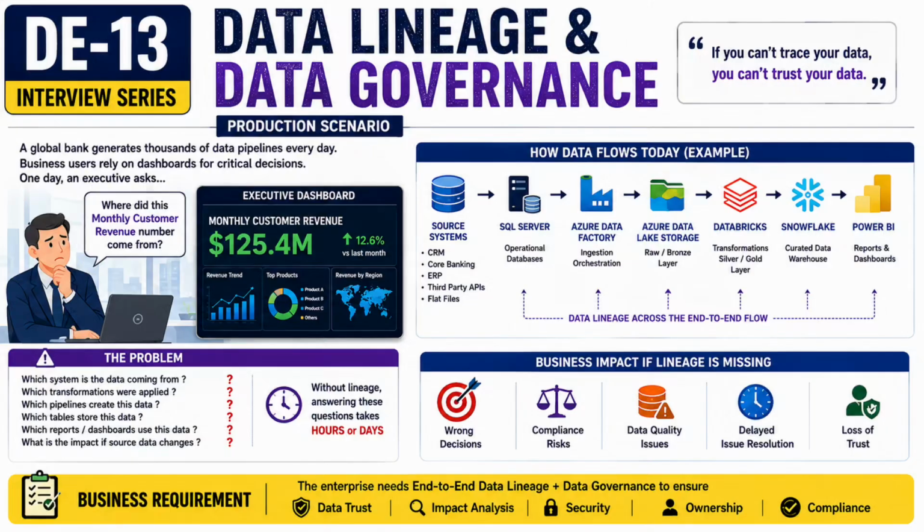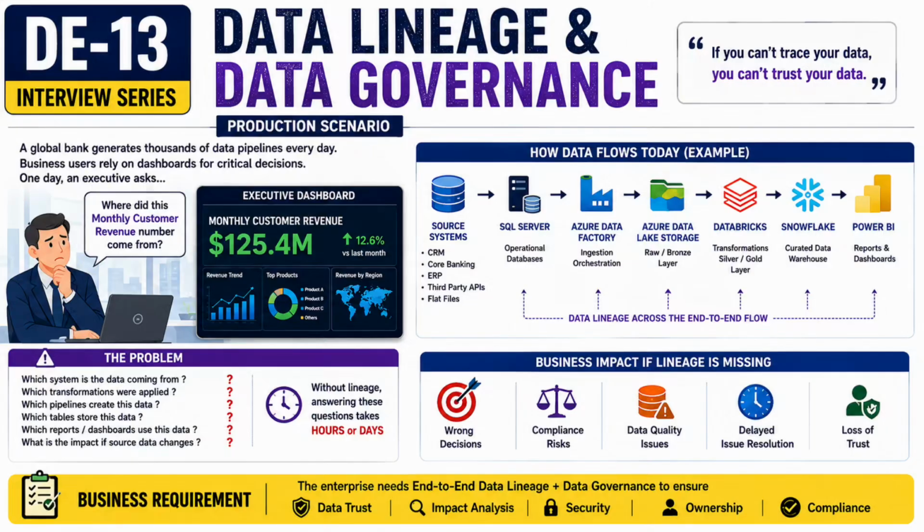Then Power BI consumes that dataset and calculates the final KPI. So the complete journey is source, ingestion, data lake, transformation, curated data, warehouse, and BI. This complete journey is called data lineage.